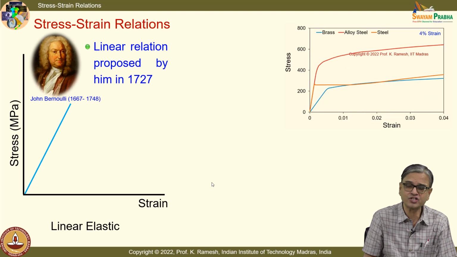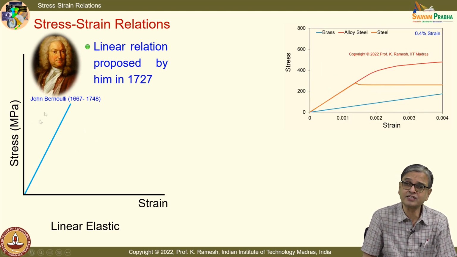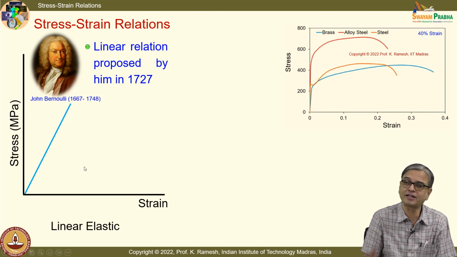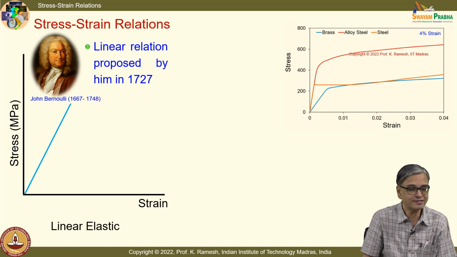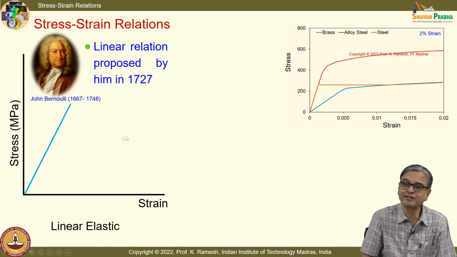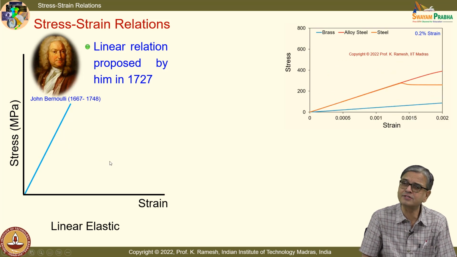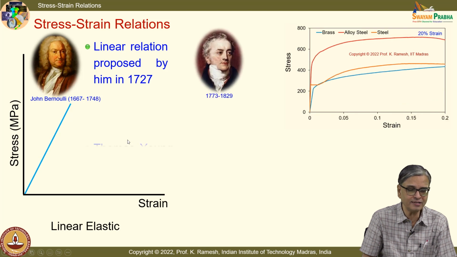And if you look at history, this linear relationship was first proposed by John Bernoulli. He is the brother of your other Bernoulli who was responsible for the beam theory. So, this was proposed by him in 1727, and I am sure that this is also taught in your high schools, and you are told that you have what is known as Young's modulus.